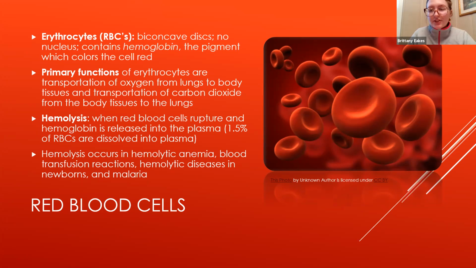It'll occur in blood transfusion reactions if the patient starts to reject that type of blood because of the antigens and antibodies on those blood cells. It also can occur in hemolytic diseases of newborns, which is caused by a different blood group called the Rh blood group. Hemolysis also occurs in malaria.